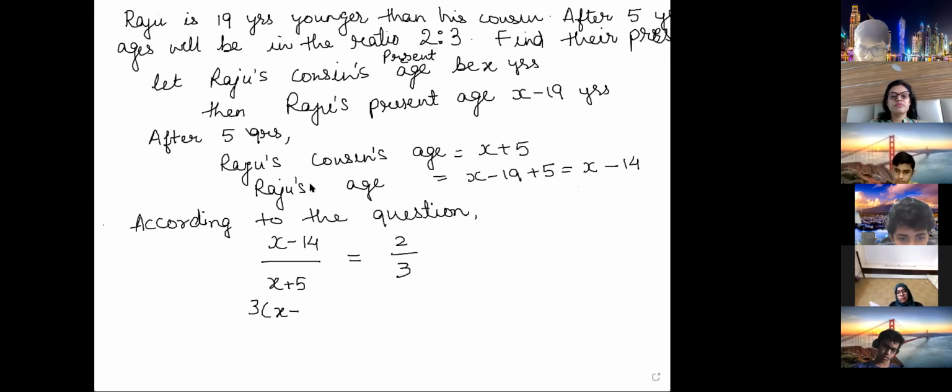Yes, correct answer. 52 is correct. Now you have to subtract: 52 minus 19 in present age. 52 minus 19 is how much? 38? You did 14, no. 14 you don't have to do, Farhana. It is wrong. Raju's age... cousin's age is 52, Raju's age is 33.